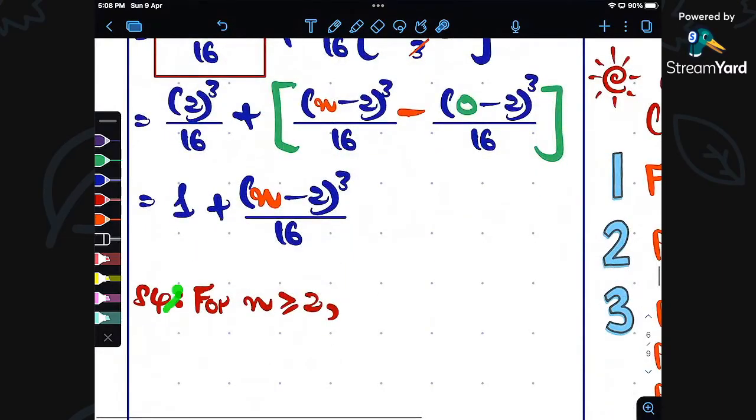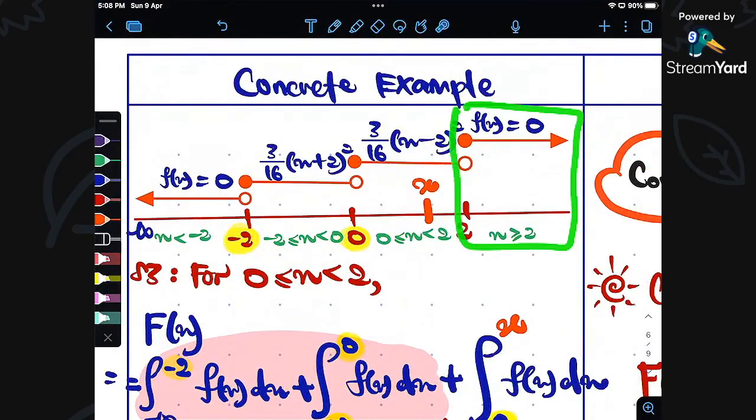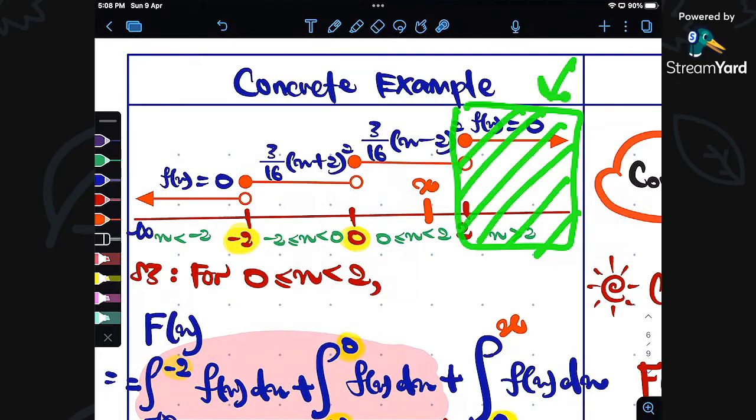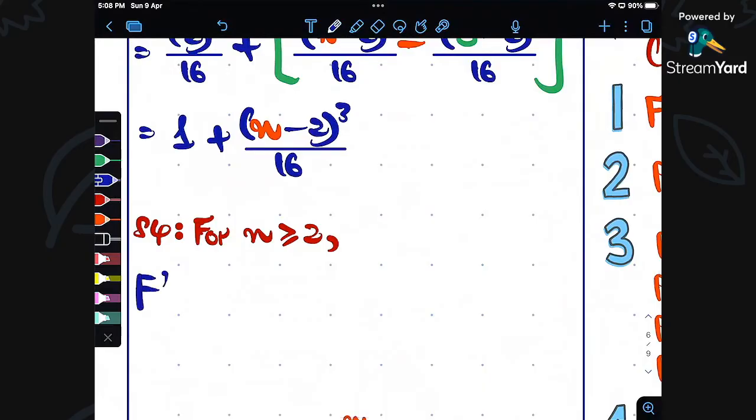And the last step, step number 4, which is the last part of the region, is very, very easy, but this is easy because of the function being 0. But still, have a guess, where do we need to write from? We still need to write it down from negative infinity, guys. We have to show it no matter what.